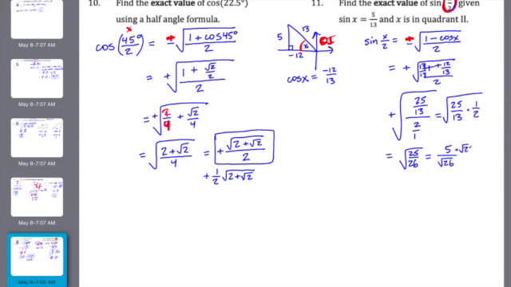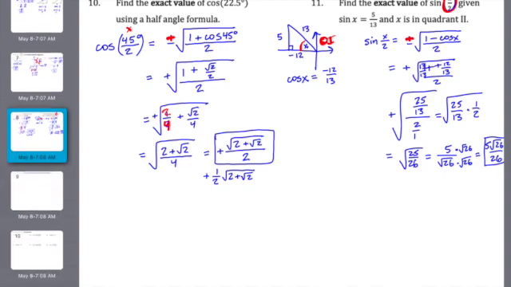And then if we rationalize that by multiplying top and bottom by root 26, which looks like a little bit of a mess, so I'm going to fix that for you guys. So we get 5 root 26 over 26. And again, that is positive. So that is our answer.